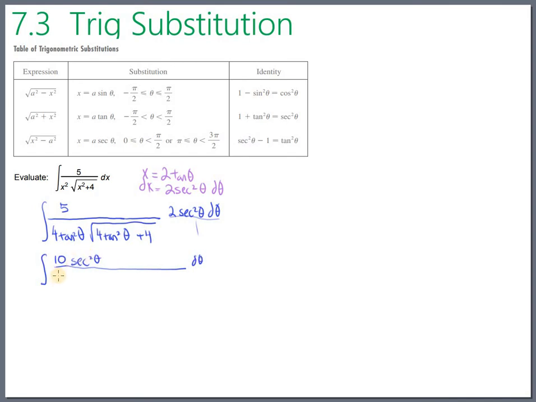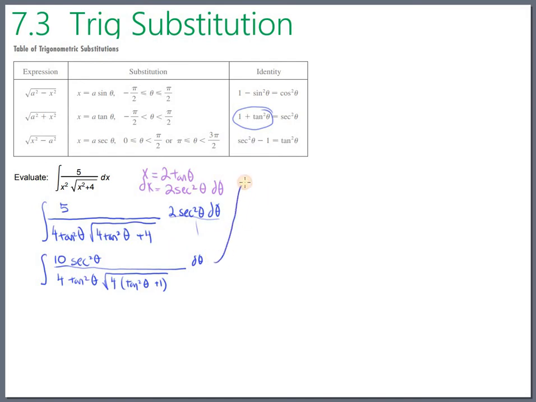On the bottom we've got 4 tangent squared theta, and inside the square root I'm going to factor the 4 out. Leaves me with tangent squared theta plus 1. And there's where the magic happens, right? Because we know that tangent squared theta plus 1 is the same thing as secant squared theta.